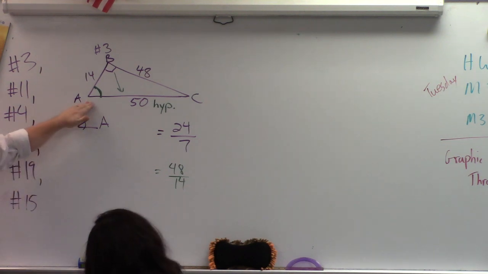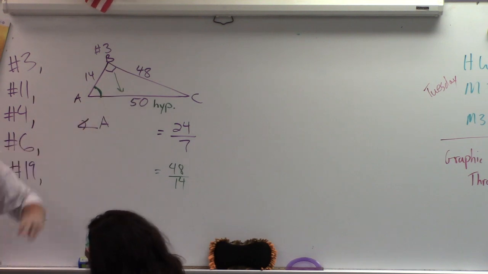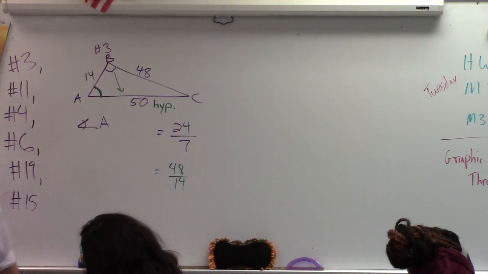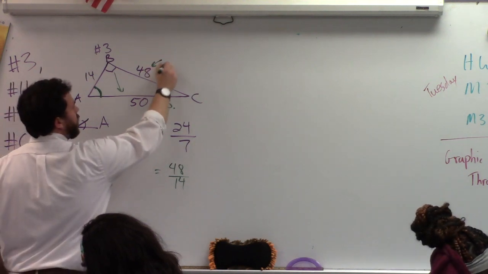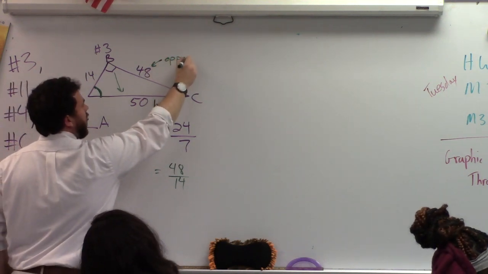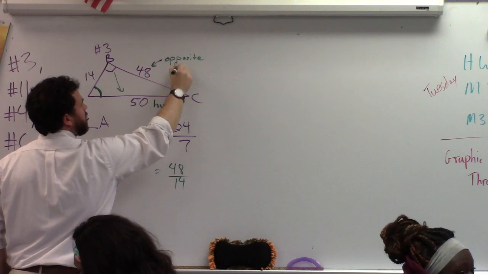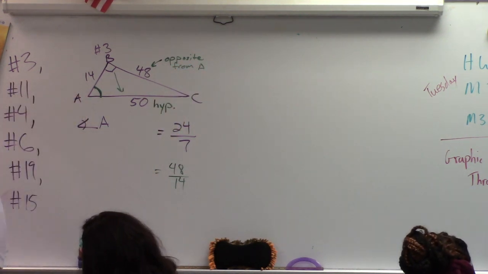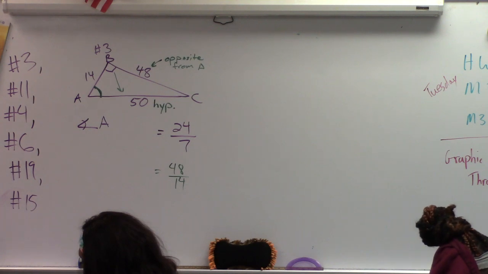So if I'm looking at angle A, what is 48 in respect to angle A? Which side? Opposite. It's opposite. So you're saying that 48 is the side opposite from A. By the way, Kyson, what do we call angle A in these trig ratios?